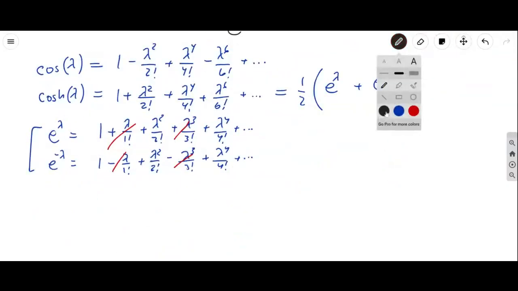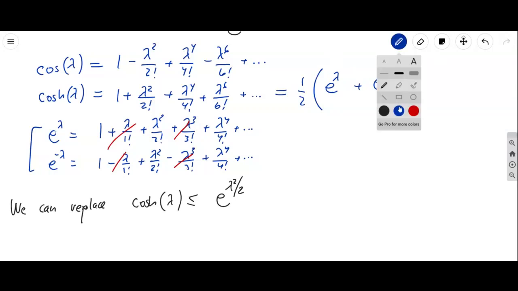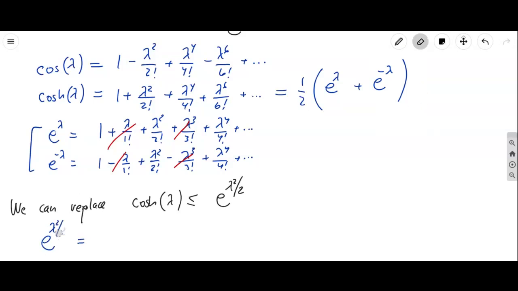And then one thing you can say about hyperbolic cosine is we can replace the hyperbolic cosine function by e to the lambda squared over 2. Why is that? Well, let's write out e to the lambda squared over 2. You replace lambda by lambda squared over 2, and then you will have even powers.